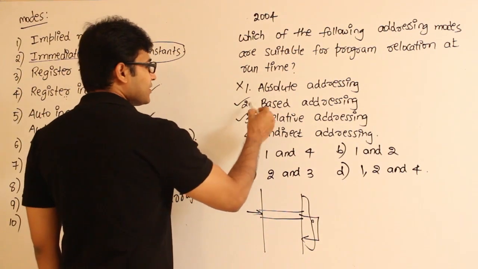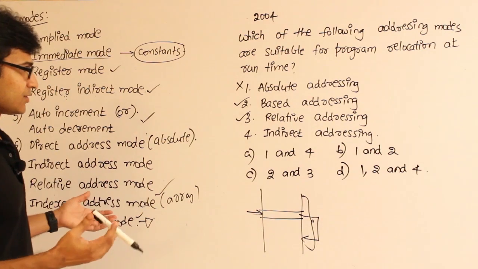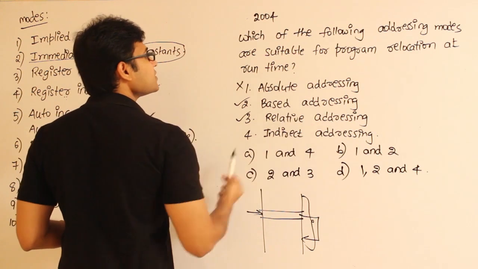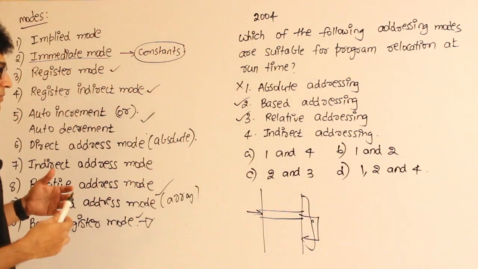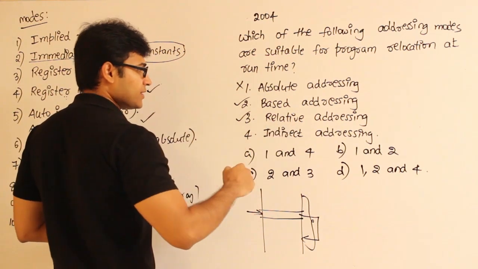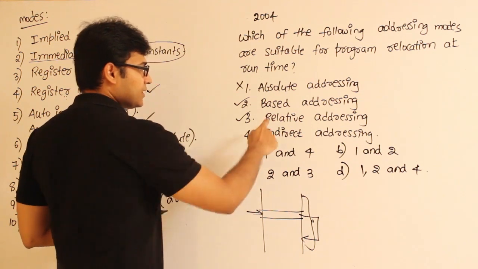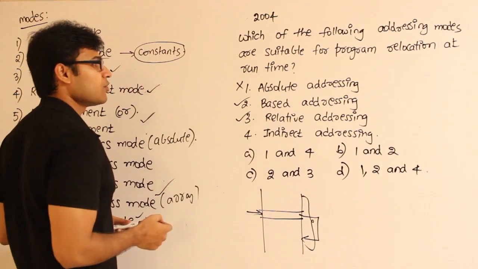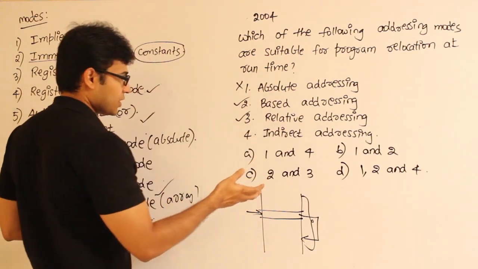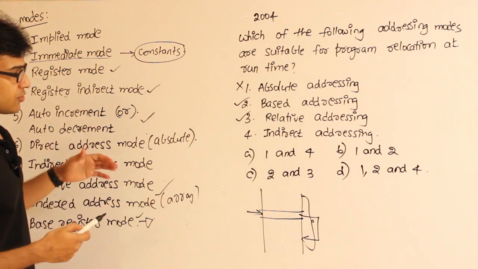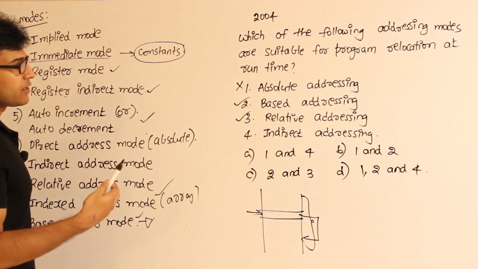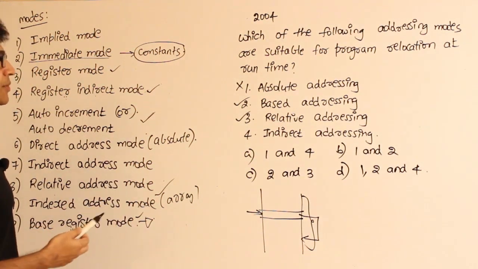In a broad sense, you can even think of based addressing also as a category of relative addressing. What I mean to say is, relative addressing is nothing but talking about an address with reference to some other address. In case of based addressing, the reference point is the base register. In case of relative addressing, the reference point is the program counter. That is why both are a kind of relative addressing and both are useful for program relocation.